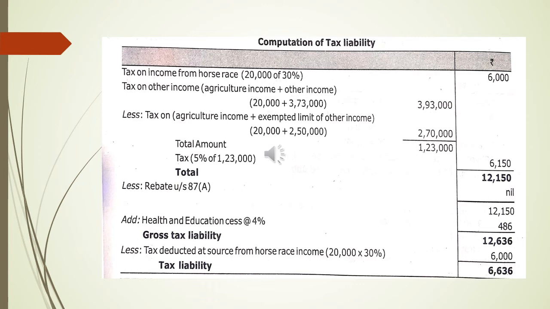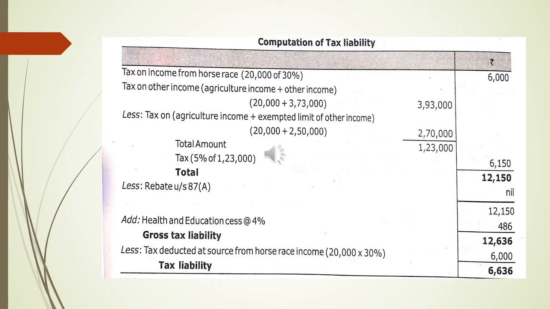You cannot claim rebate under section 87A because the assessee's income is more than 3.5 lakhs per annum. So on this tax liability you have to charge 4% education cess. 4% of 12,150 becomes 486. So if you add that, the gross tax liability is 12,636.